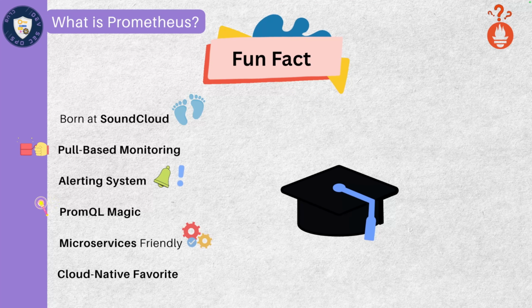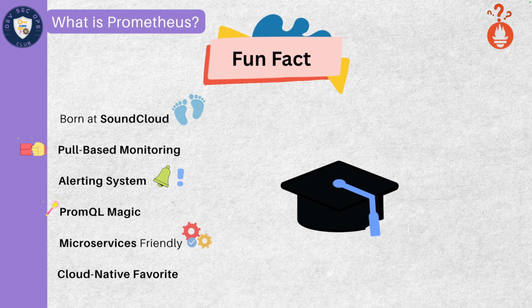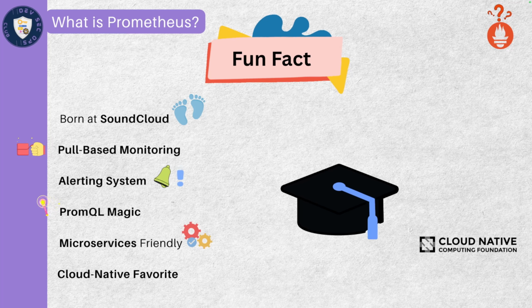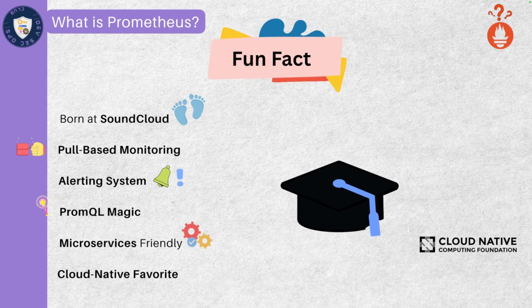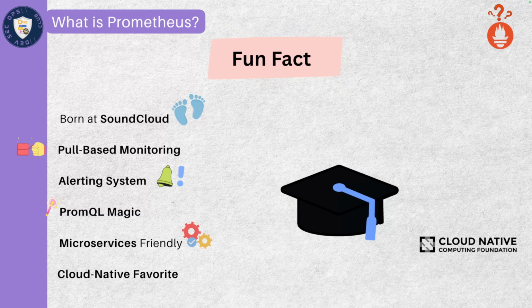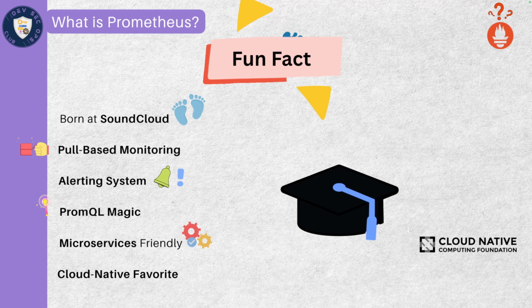Last but not least, Cloud Native Fabric. Prometheus is the second project to join, as well as graduate, within the Cloud Native Computing Foundation after Kubernetes. As I said, Prometheus was open sourced in 2012, it joined the Cloud Native Computing Foundation in 2016, and in 2018 it became one of the CNCF's most widely adopted monitoring solutions.